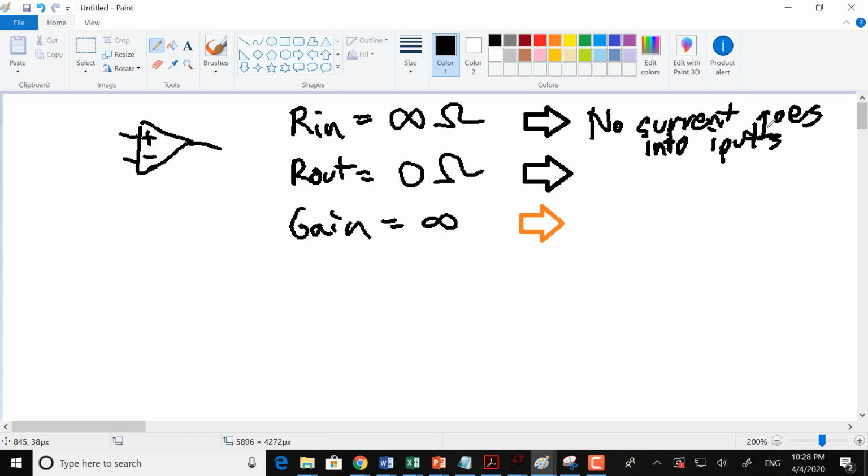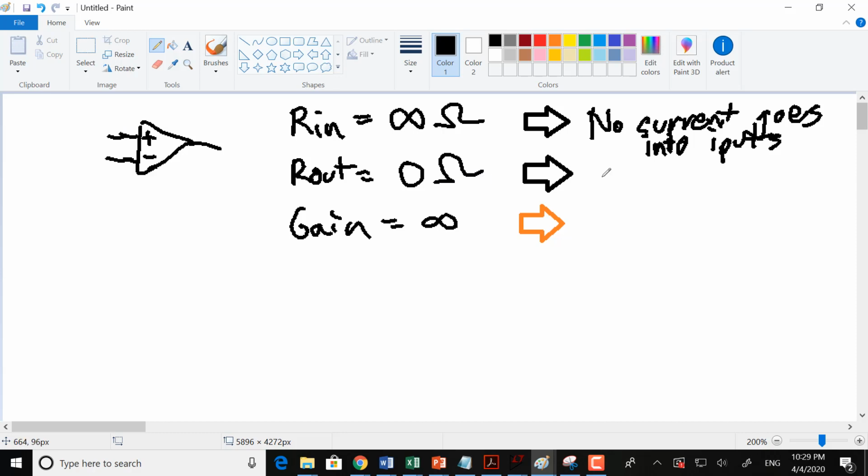If you get a new metric on a circuit, I don't know if this is actually true, but I'm saying it anyways: think about what that means for current. All the descriptors you have, voltage, inductance, capacitance, have to do with current. So an infinite Rin just means no current goes into a circuit.